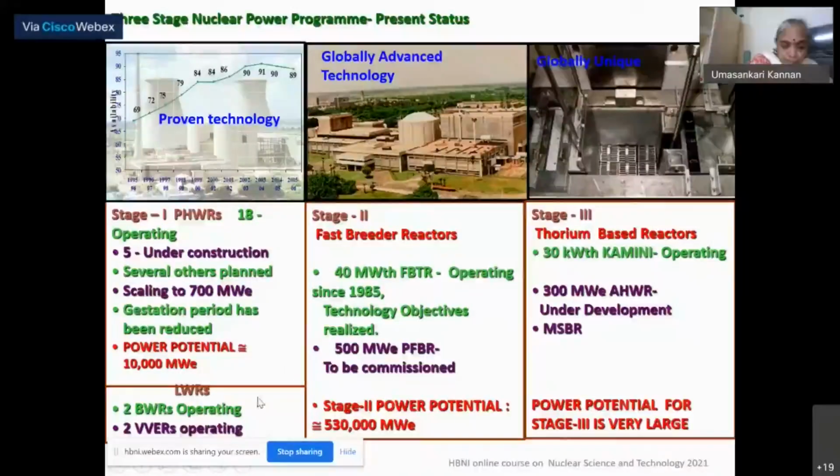And one more reactor, a 700 megawatt pressurized heavy water reactor, is commissioned and connected to the grid. In pressurized heavy water reactors, we started with the 220 version, went on to 540, and now we are in the larger power reactor, the 700 megawatt reactor.